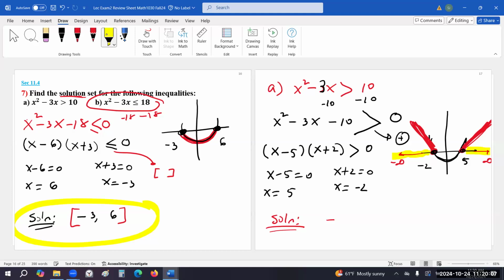These two. So negative infinity to negative 2, and then 5 to infinity. Infinity always gets parentheses. How about negative 2 and 5? Parentheses this time, because we don't have any equal sign.